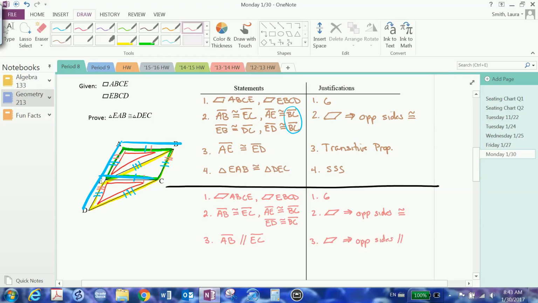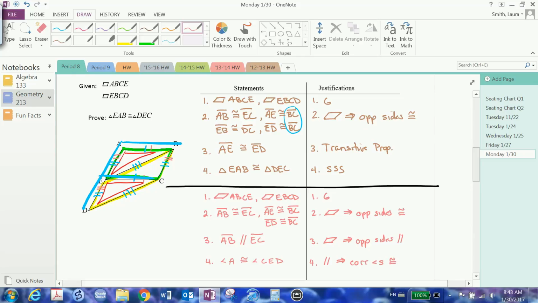So I'm going to have to say also from the parallelograms that AB is parallel to EC. Well, that's true in a parallelogram. Opposite sides are parallel. Then I can get angle A is congruent to angle CED.